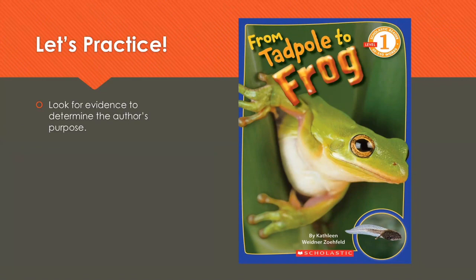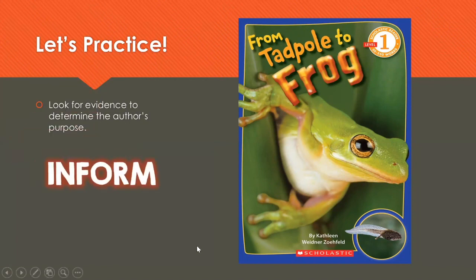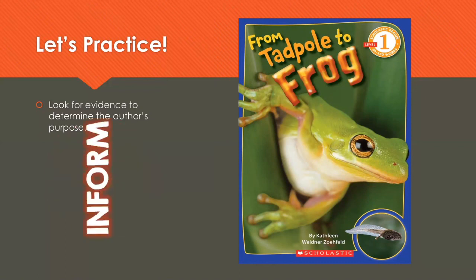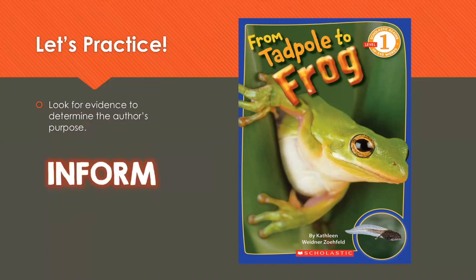It's real, doing a real life action. That must mean the author's purpose was to inform us. Definitely. Those are real life pictures of a tadpole and frog doing real life frog things. The author's purpose is to inform us.